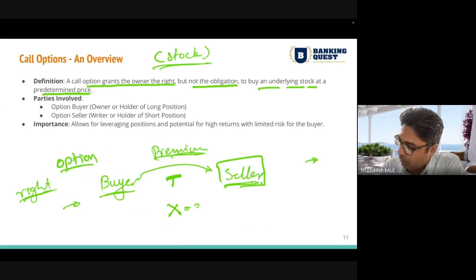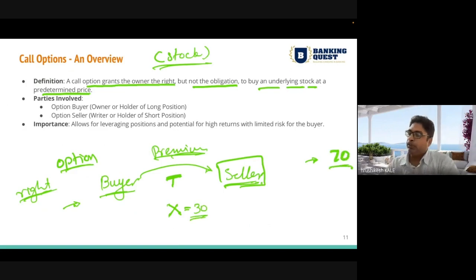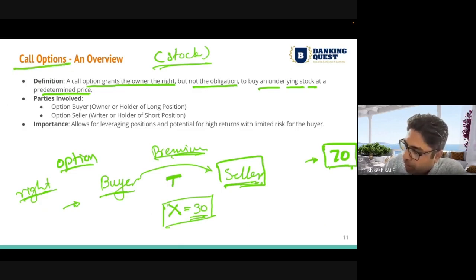So if X is 30 and the market price is, let's say, 70, then it is prudent for him to purchase at 30 and not go in the market and buy it at 70. So always remember, call option is an option to buy. So generally buyers of the commodity purchase that option.